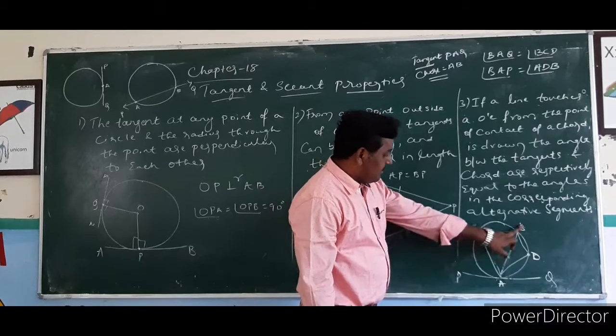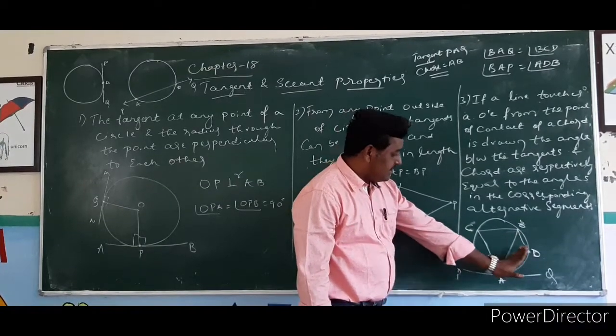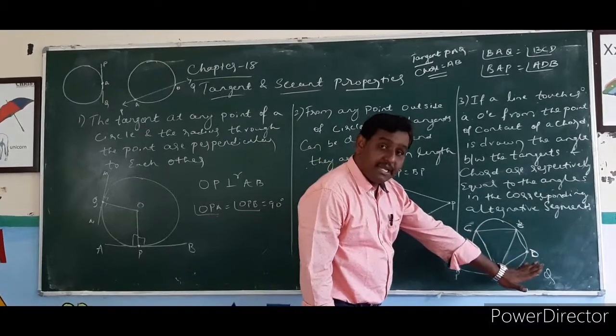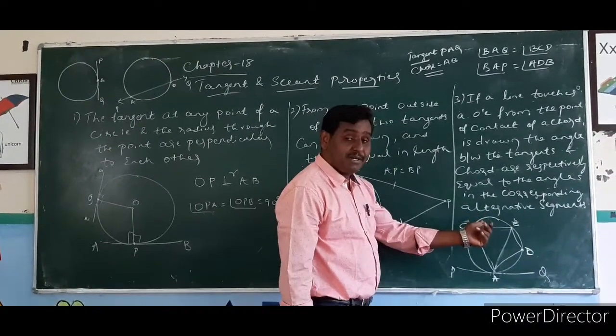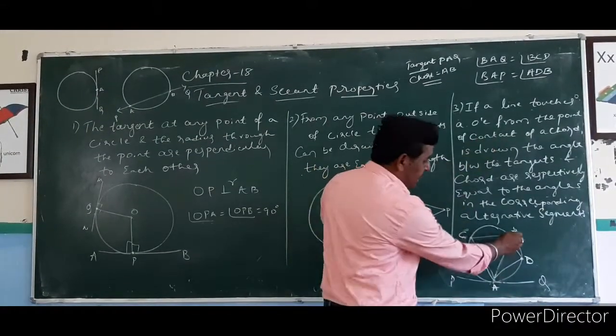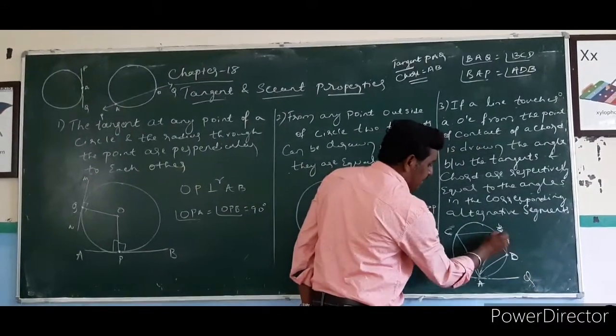If AB is the chord, this is the minor segment and this is the major segment. The angle in the minor segment is equal to the angle in the opposite one, the major segment. That is BAQ.